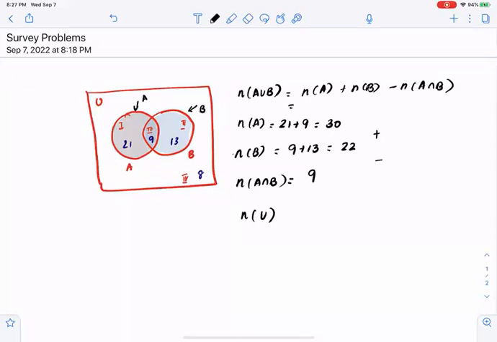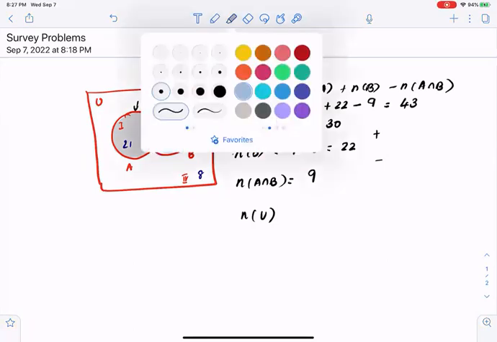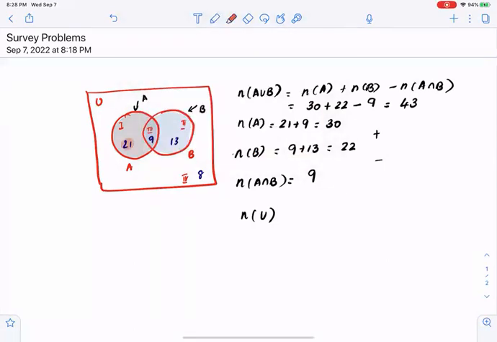So if one of the 9s go away, well, I can simply write it as 30 plus 22 minus 9. That would simply give me 43. So the cardinality of A union B is 43. And directly speaking, it is simply the sum of 21, 9, and 13.